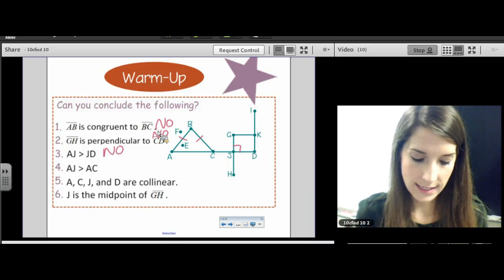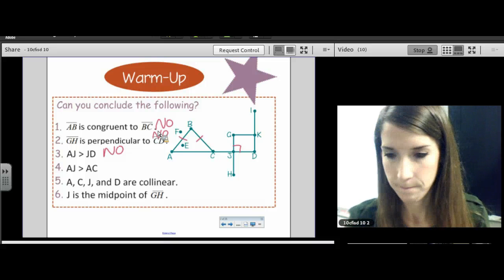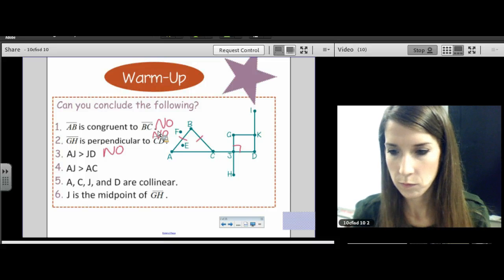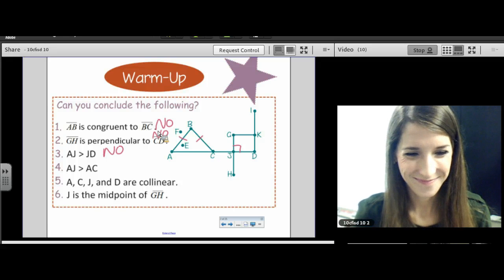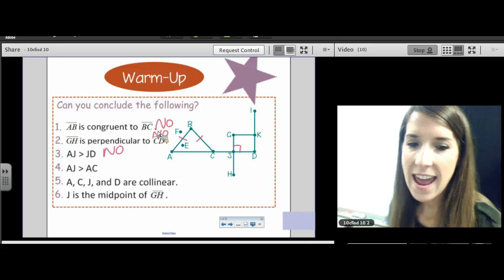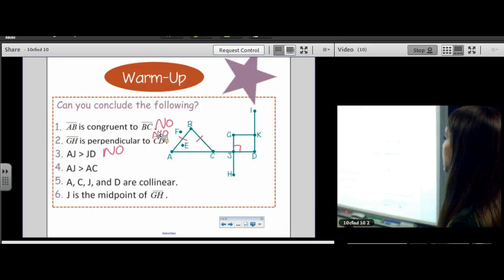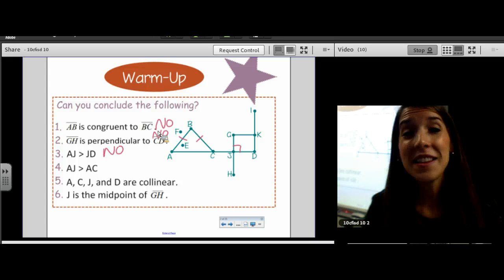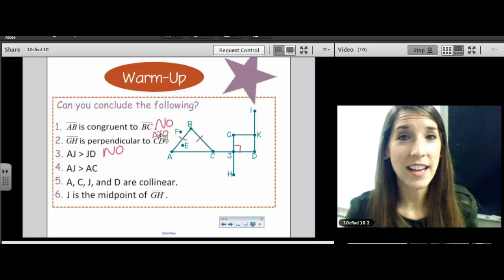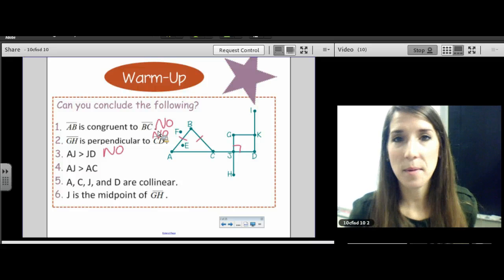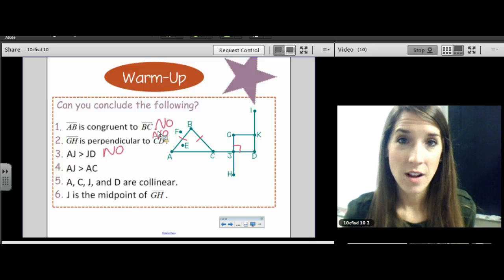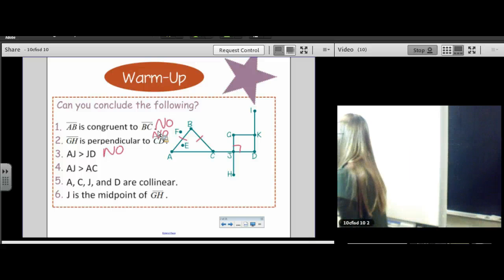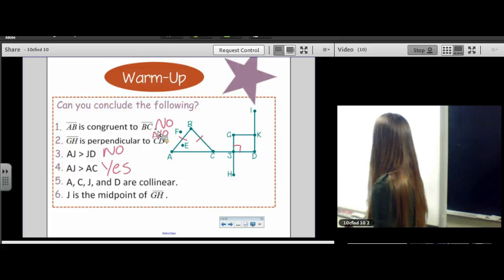All right, next up, Alexandria. Number 4. AJ is greater than AC. Now, this one's a little bit different. It was a little tricky. We can't assume number 3, but we can assume number 4. Because you have to look at the picture.